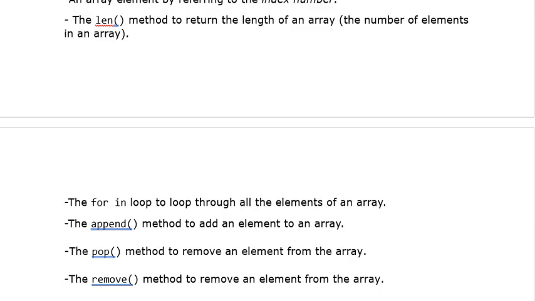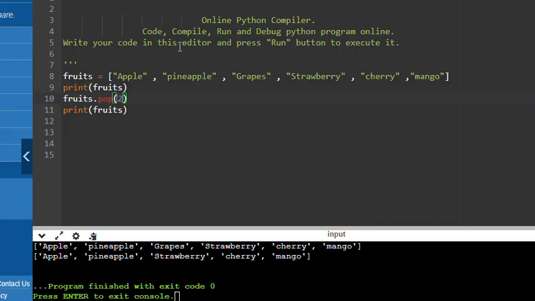We even have pop and remove. So pop will be removing the element and remove also will be removing a particular element. Let's see that also. Now see, if you want to remove the second index value, what is the second index value? This is the 0 index, this is the first index, and this is the second index.